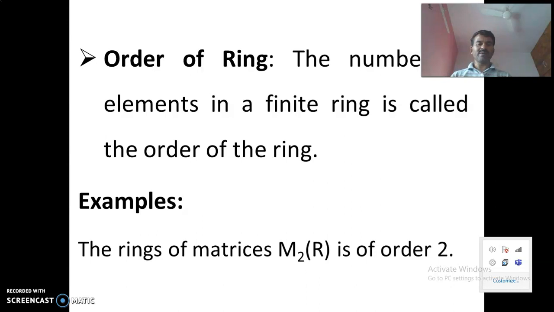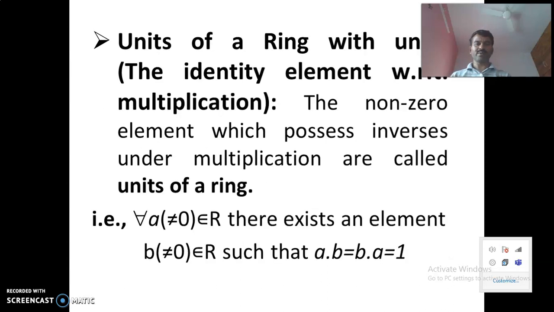As we know, in a finite ring the number of elements is finite, and that number is called the order of the ring. An example is the ring of matrices M2(R), which is of order 2 there.